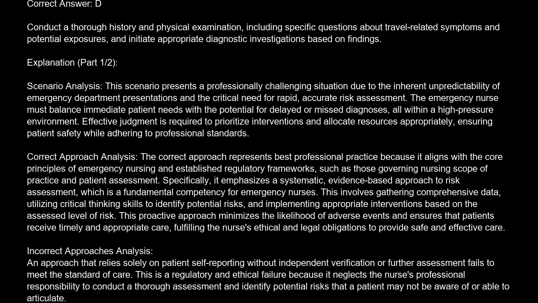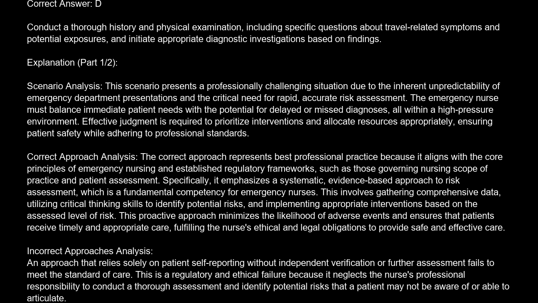Correct approach analysis. The correct approach represents best professional practice because it aligns with the core principles of emergency nursing and established regulatory frameworks, such as those governing nursing scope of practice and patient assessment. Specifically, it emphasizes a systematic, evidence-based approach to risk assessment, which is a fundamental competency for emergency nurses.